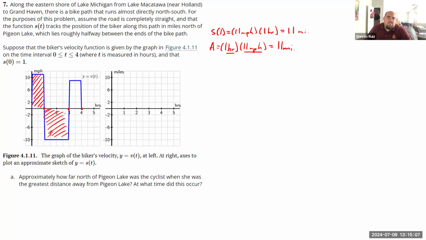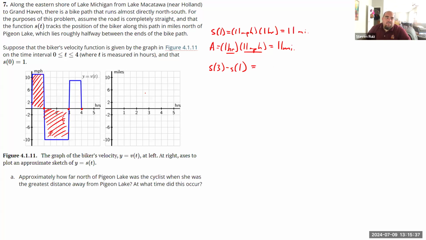What's the displacement, what's the change in her position going to be in this next pair of hours here? We said that S1 is 11 miles. What's her change in position over these next 2 hours? I think that's going to give me S3 minus S1, so basically my change in position from hour 3 as opposed to hour 1.